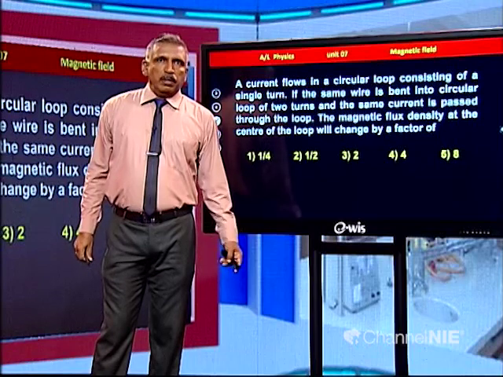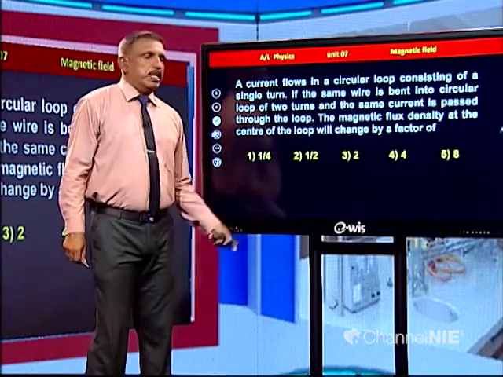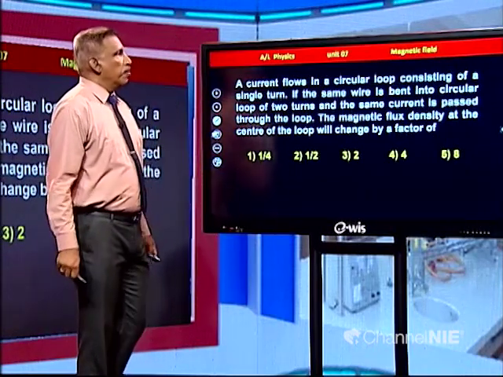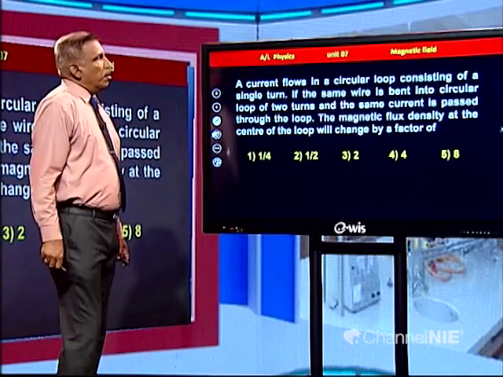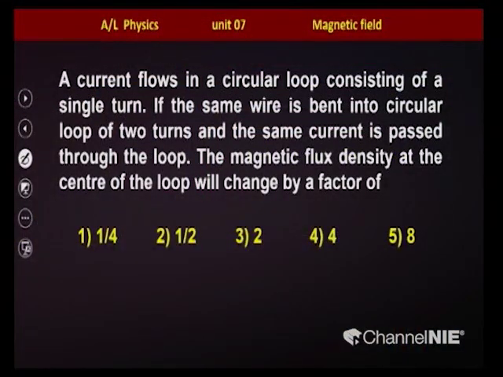Now we see this example. A current flows in a circular loop consisting of a single turn. If the same wire is bent into a circular loop of 2 turns and the same current is passed through the loop, the magnetic flux density at the center of the loop will change by a factor of what?